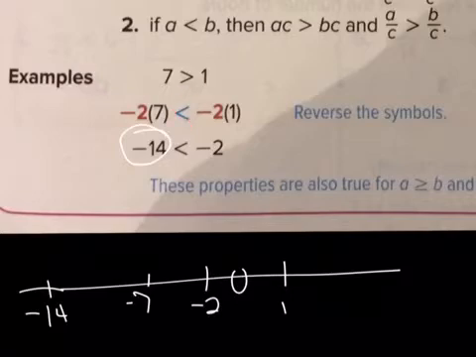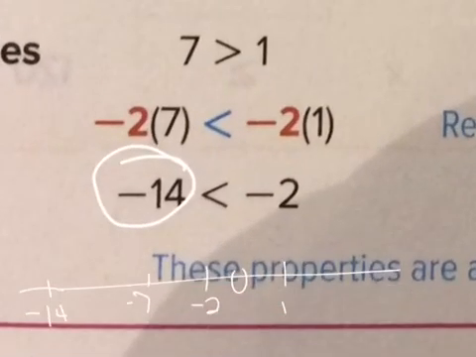So the symbol has to be flipped around for it to remain true. See how we changed the symbol around? It used to be 7 was greater, but now we have to change it so that the statement can remain true, because it became a much smaller number when multiplied by a negative.